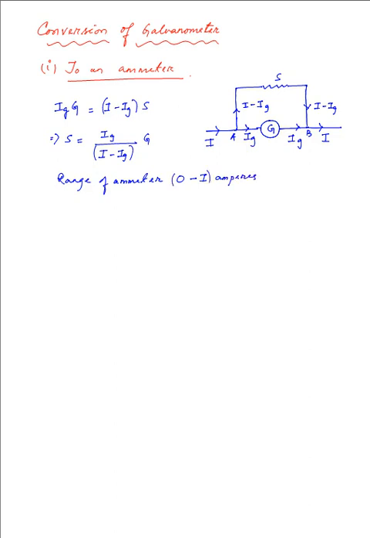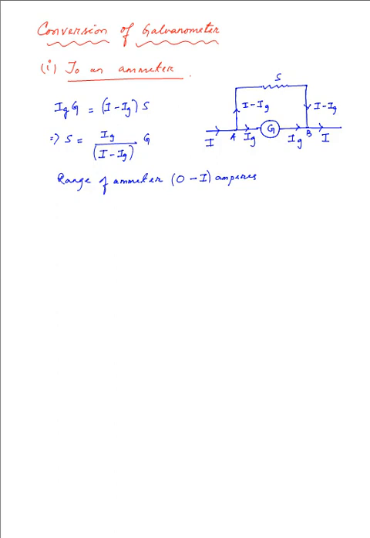The 0 to Ig range has been replaced by the scale of 0 to I, and that is the arrangement that is made in case of the ammeter scaling, instead of the galvanometer scaling.